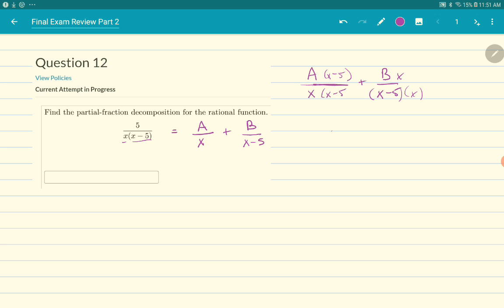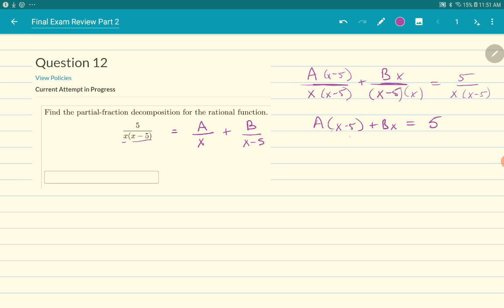So really, here's my fraction that equals the 5 over x minus 5. Since now I have a common denominator, when I add this, I would find that a times x minus 5 plus b x equals 5. Right? When I just add across on the numerator and the denominators are common.